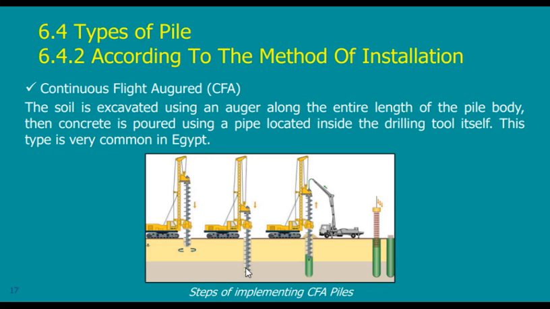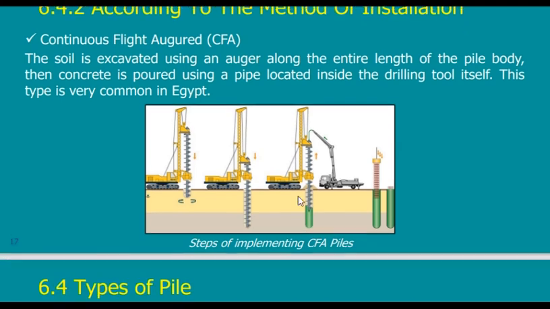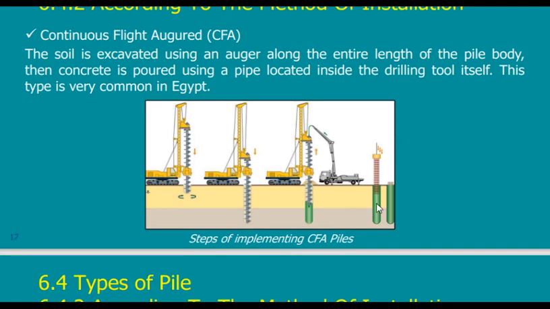I will expect later that the soil will move to fill the space of this steel tube. But for this type, what is very, very good is the friction. The friction between the soil and the pile will be very good, even better than the other type, the one with the casing.